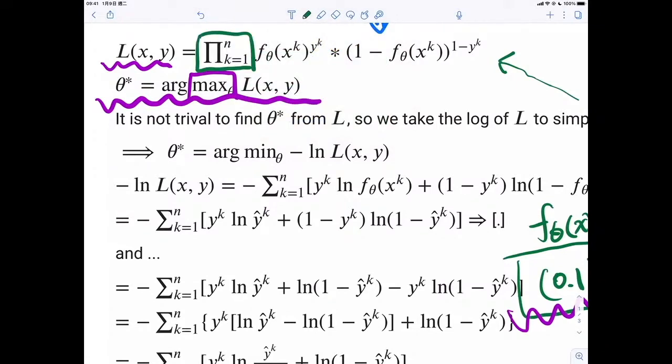The definition of likelihood is product.